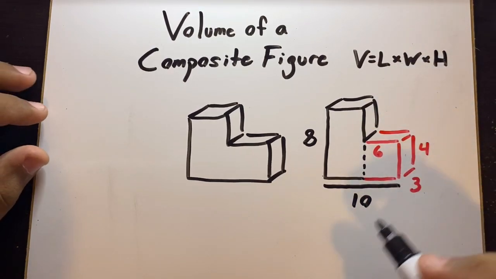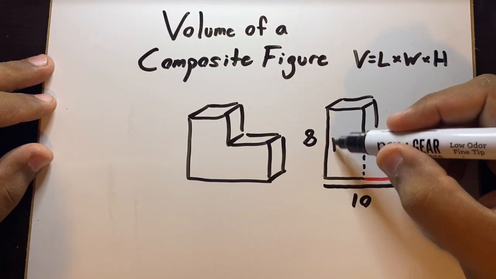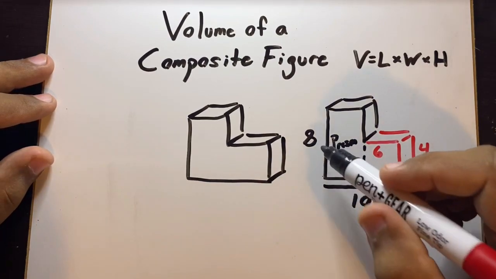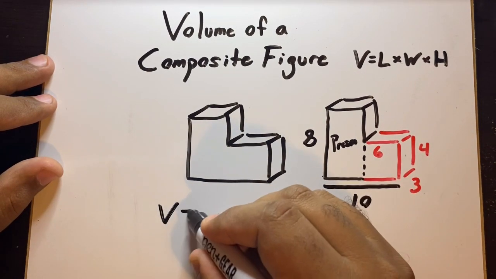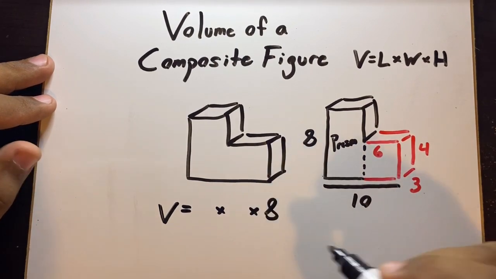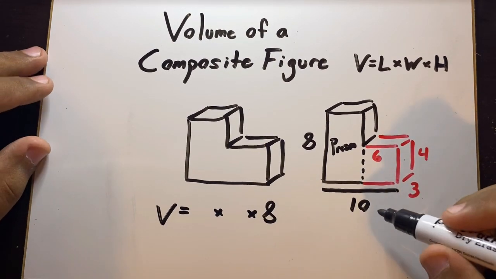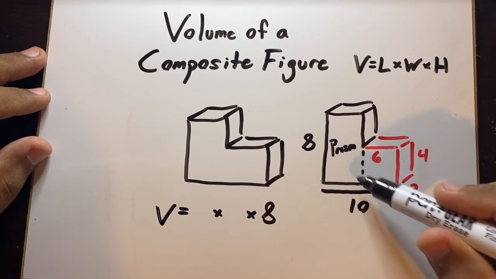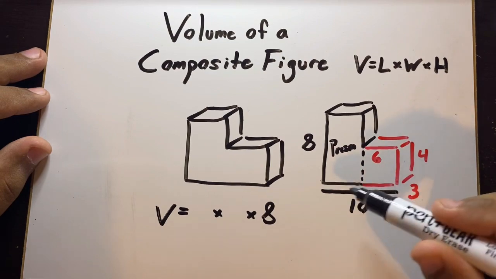Let me show you. So we'll focus on the prism first. I'll write it as prism right here. So we know that the height of the prism is going to be 8. However, we don't know what the length is. Remember, this 10 is not the length of the prism. It is the length of the whole thing.